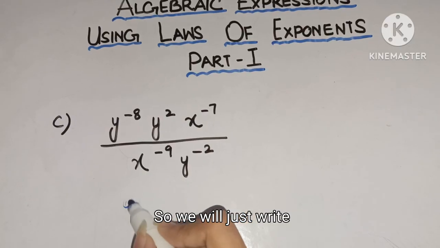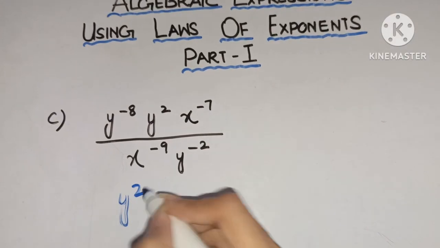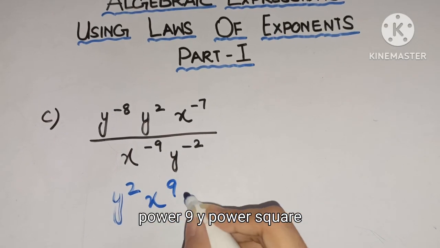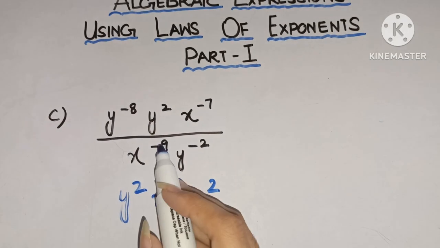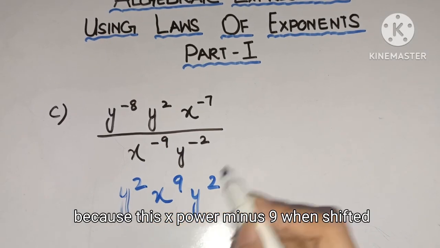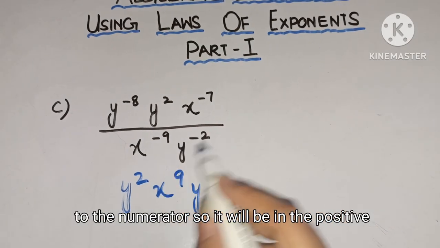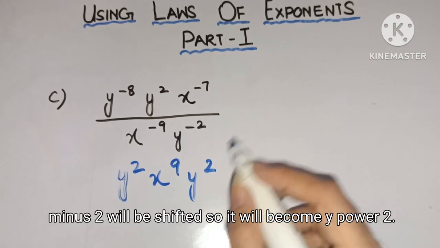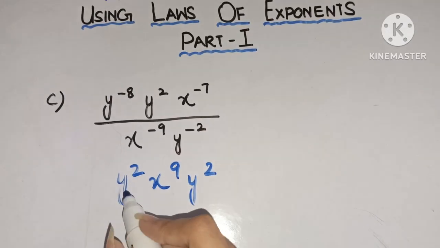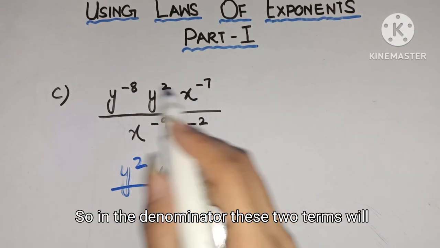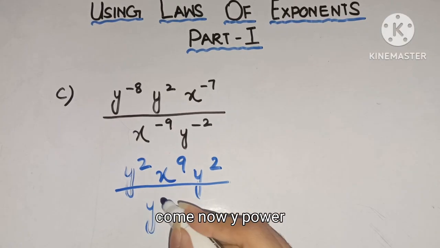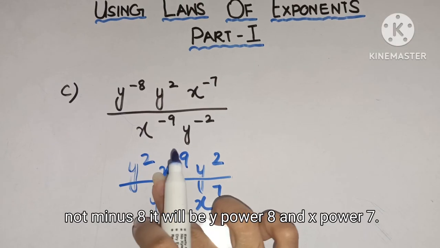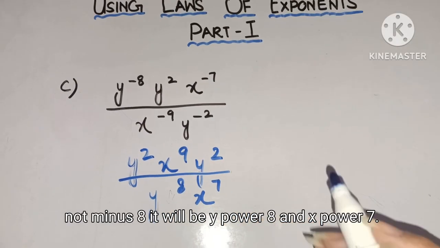So we will just write y power 2 and x power 9 y power 2, because this x power minus 9 when shifted to the numerator will be in the positive power x power 9, and similarly the y power minus 2 will be shifted, so it will become y power 2. So in the denominator, these two terms will come now, y power 8 and x power 7.